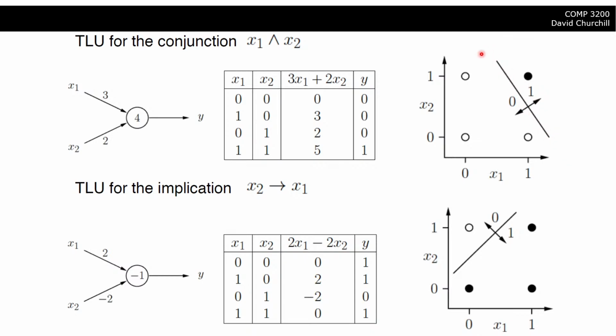That's what that line looks like. And all of the points under the line, meaning less than 4. Oh, sorry, you've got to put the 4 in here as well. So this is 3x1 plus 2x2 equals 4. That's the line. So if it's below the line, all of the results are 0. And if it's above the line, all of the results are 1.